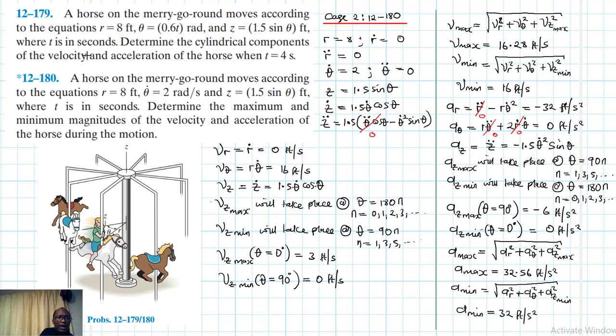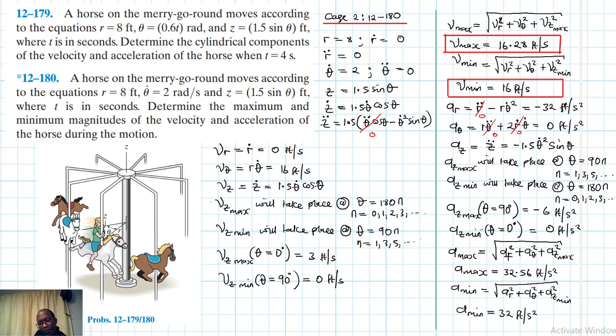I think we are done. We found the maximum and minimum magnitudes of velocity and acceleration during the motion of the horse. So let's outline these solutions. We do have maximum value there for our velocity, and we do have the minimum value there for our velocity.